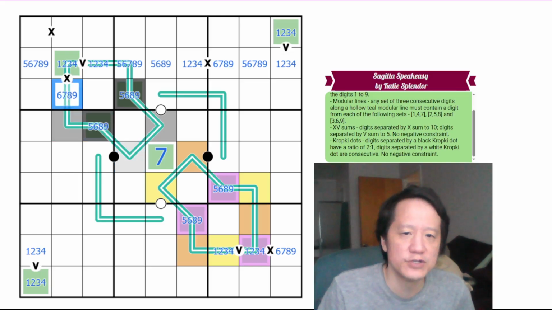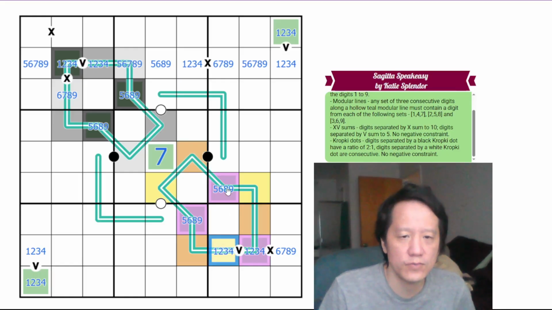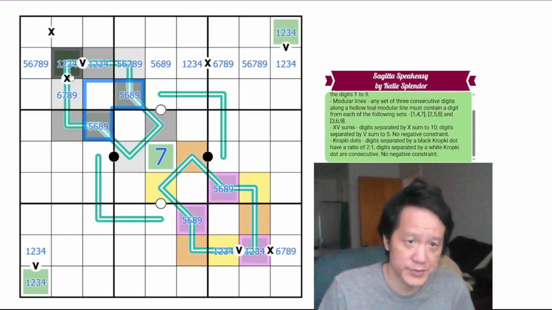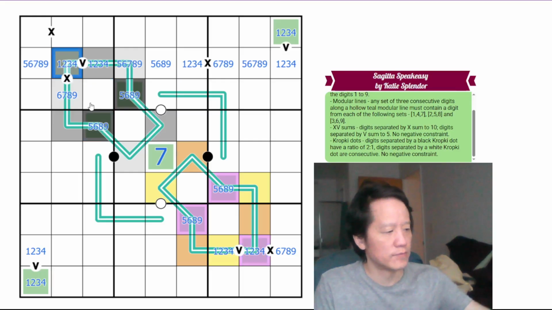For this set of 3 digits, this has to be light. This is dark again. So this is dark. This is medium. This is light. Okay. So these 3 match, and these 3 match. That's interesting.